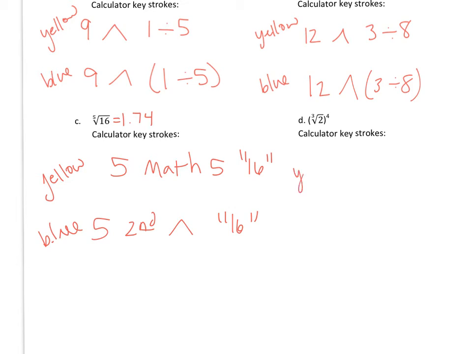Okay, let's look at this last one and then we'll be done. So your yellow versus blue, you're going to do on this one, you're going to do parentheses. Cube root actually has its own special button. It's math 4. So parentheses math 4.